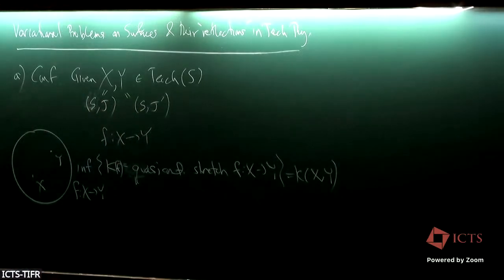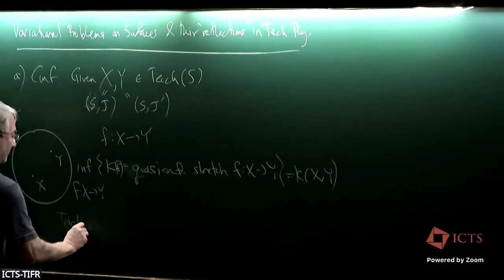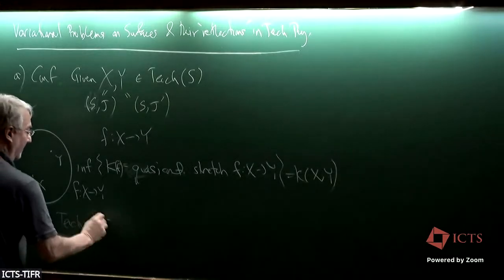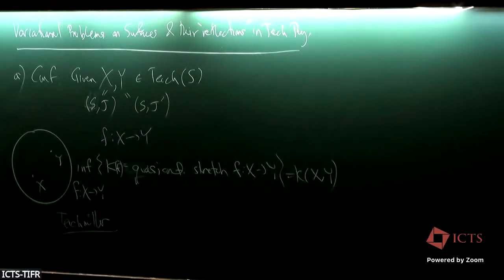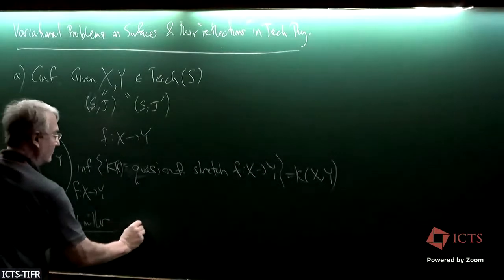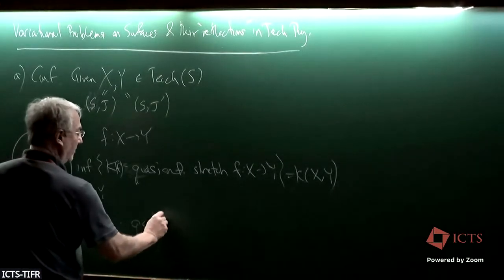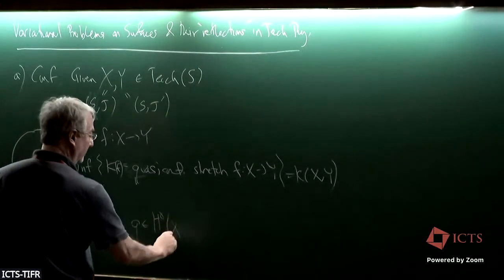Okay, so you can just write down this quantity, try to minimize it. And the remarkable theorem of Teichmuller, which gave rise to all of our paychecks, is that you look at a quadratic differential on the surface.